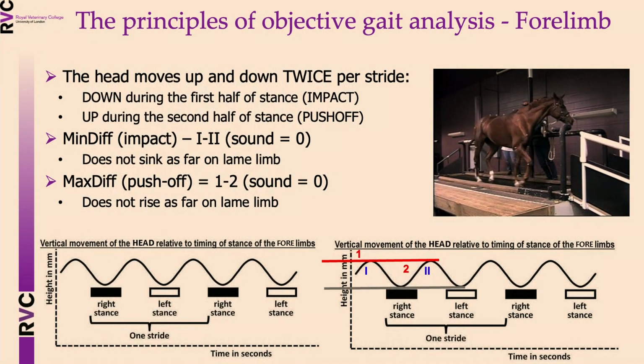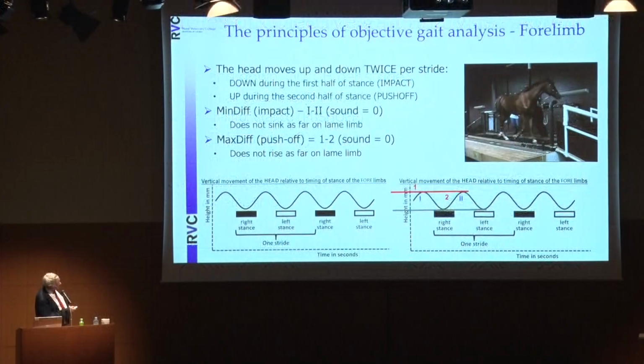So if the low point here of the two strides, the two steps of the stride, 1 minus 2 here for the left and the right, if they are the same, then the horse is sound and the value is 0.